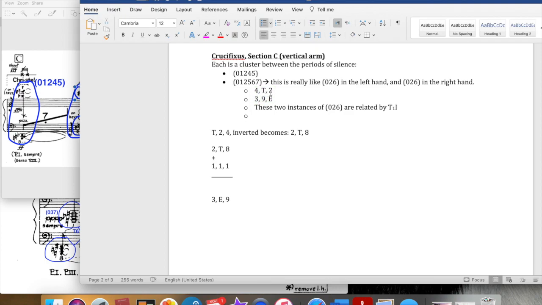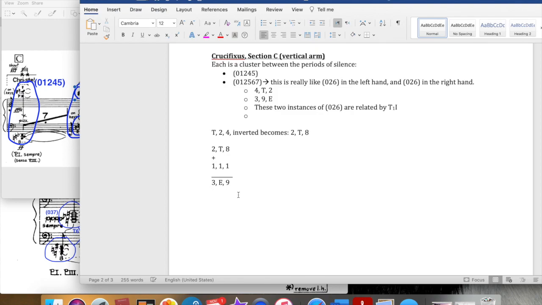Like, from 2 to 11 is 9, but from 10 to 9 is 1, and 4 to 3 is 1, so maybe that's it, but it's not, obviously. Or maybe from 4 to 9 is 5, and from 10 to 3 is 6. You could try to add them up in different ways, but there's no common additive number between them. So instead, that means that they have to be related by transposition and inversion. Okay.